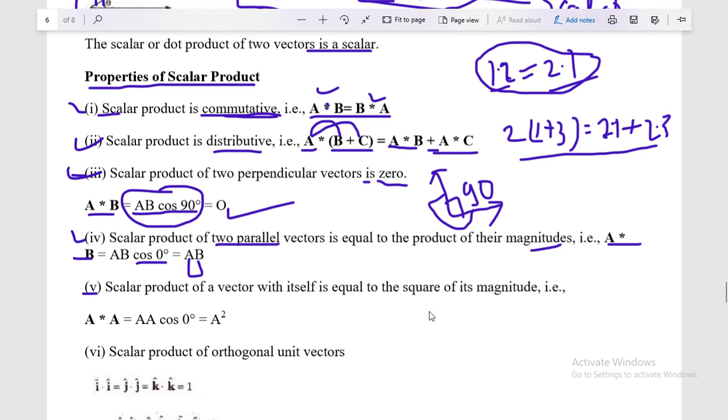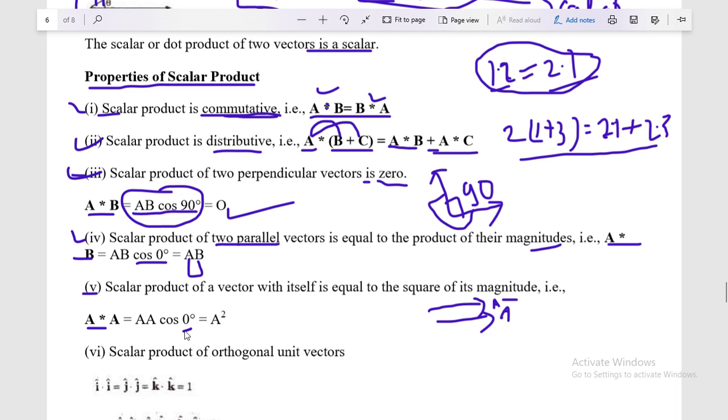Students, suppose this one is vector A. Now you can take this vector A as parallel to itself, the same vector A. So you can find the value of A dot A. If A is a vector, then another A similar to A is parallel to A. So in that case the angle between A and A is 0.